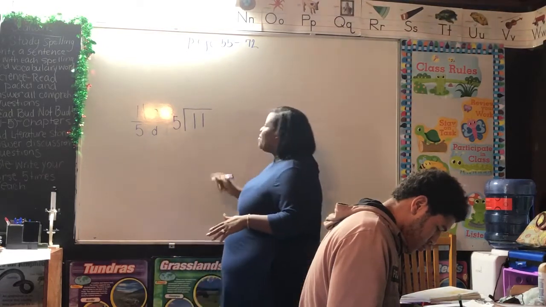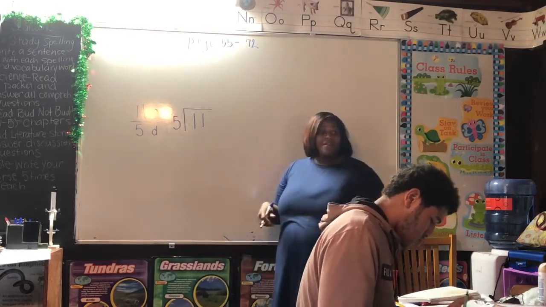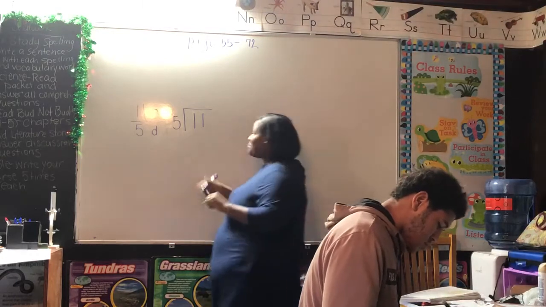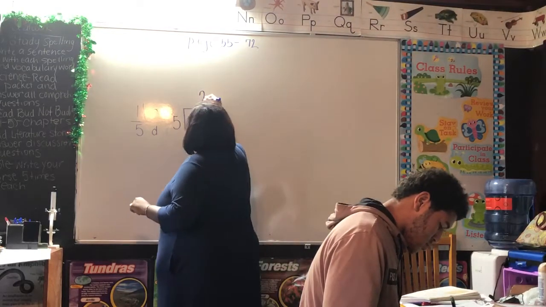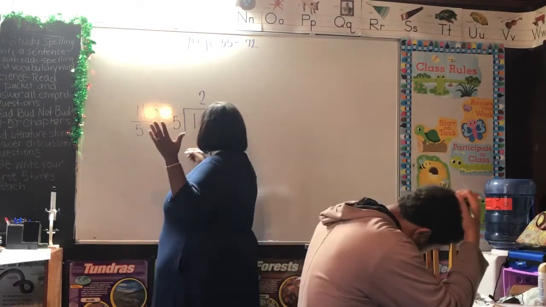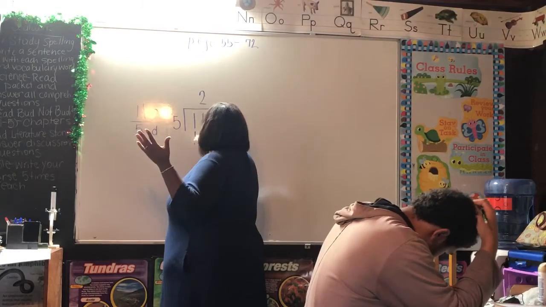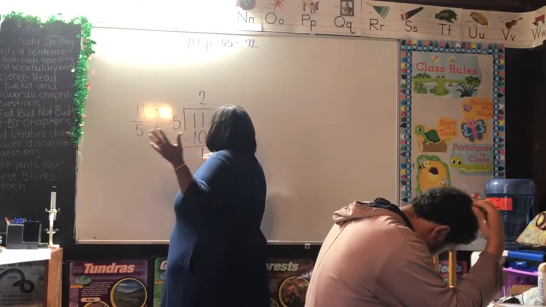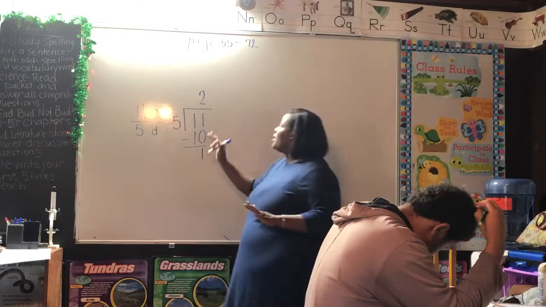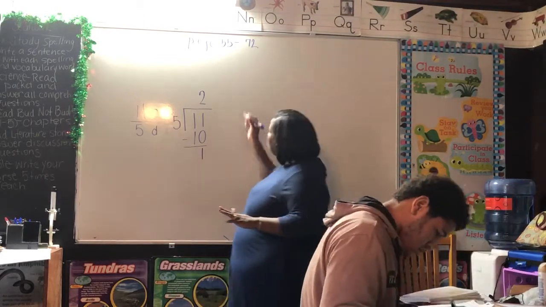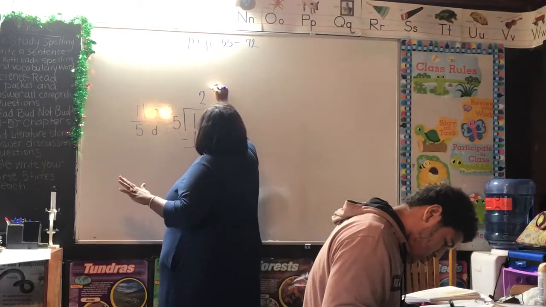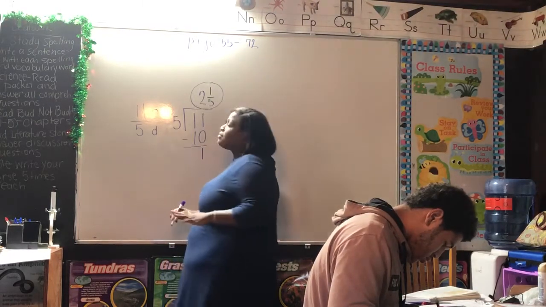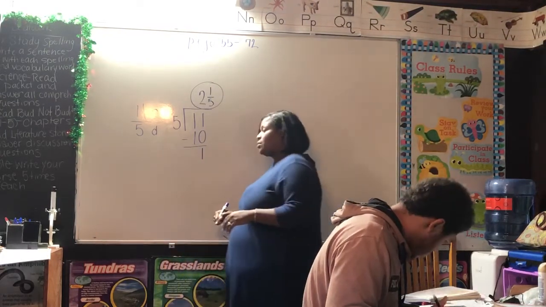All right, how many times can 5 go into 11? 2, because 5 times 2 is 10. Then we subtract, we have 1 left. We always take our remainder and put it over what was our denominator, which is 1 over 5.